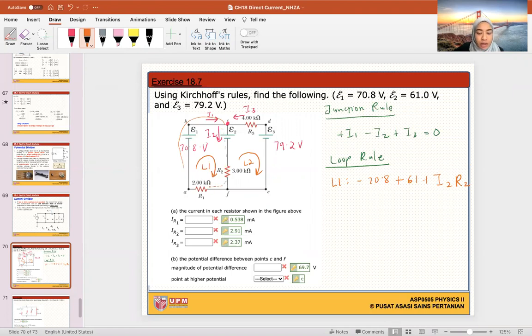Now I see a 2 kilo ohm resistor and I need to know what the current flow is. I'm going to ask you guys, is the current flowing in my R1 I1 or I2? Is it I1 or is it I2?